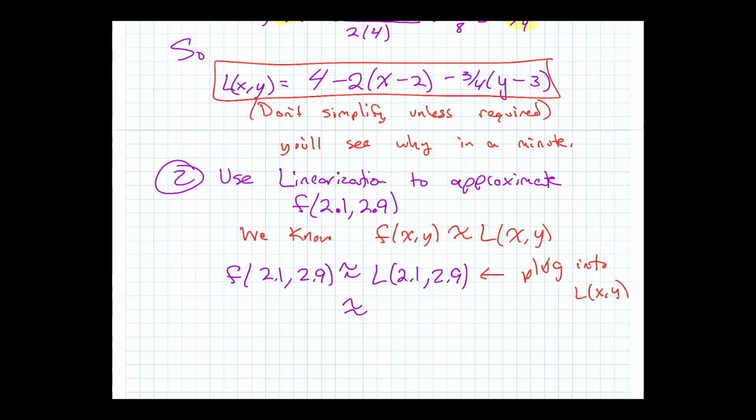So let us just do that. You put in the 2.1 and the 2.9. So 4 minus 2 times (2.1 minus 2), minus 3/4 times (2.9 minus 3).